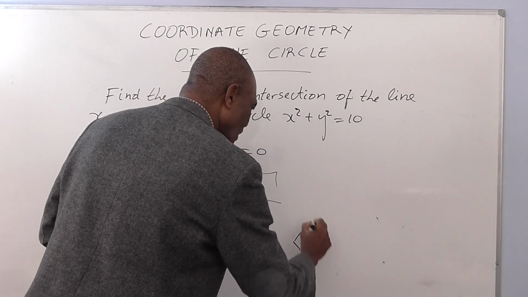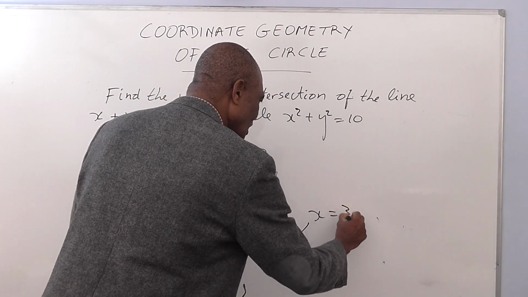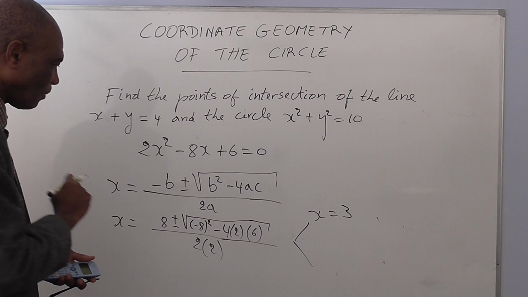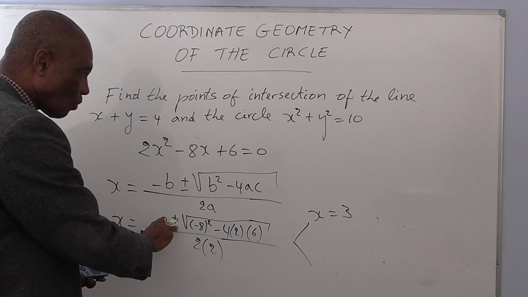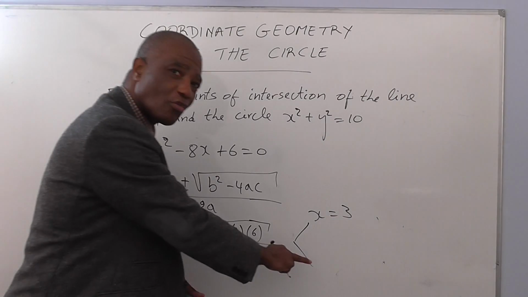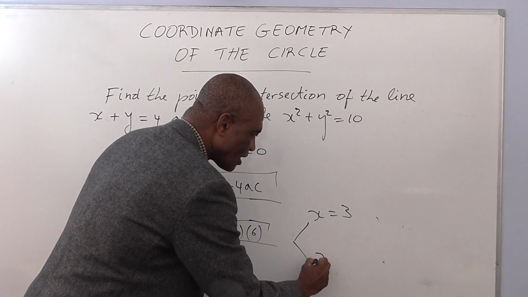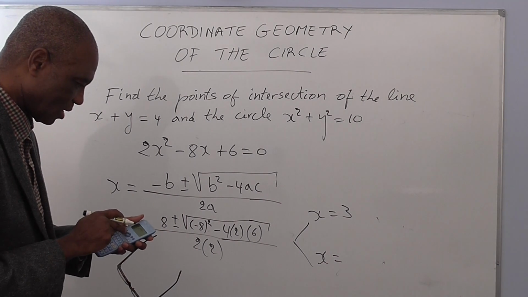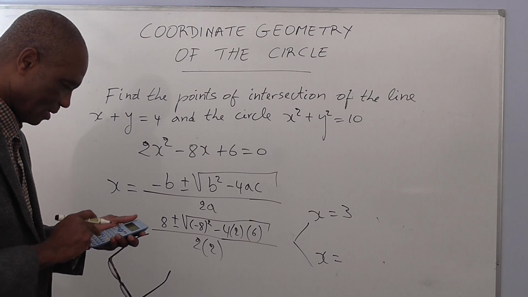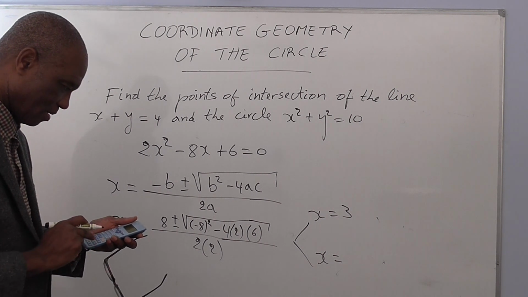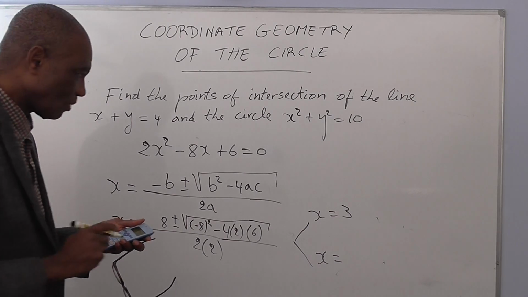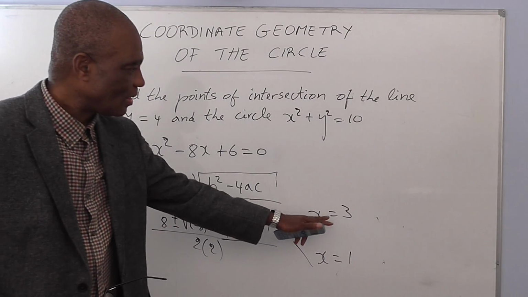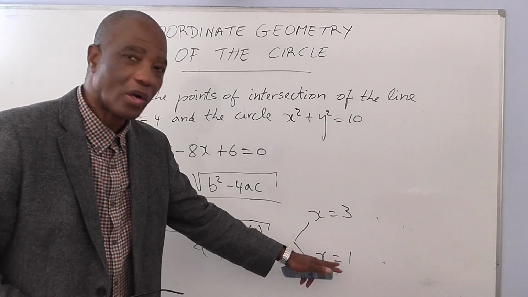The first value, x, is 3. This is when I use plus, but when I use minus, I'm going to get 1. So I have x equals 3, x equals 1.